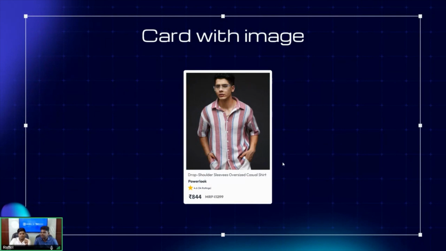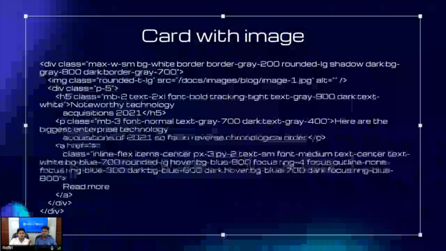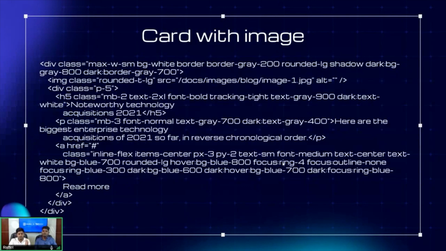First, let's look at the card with image. As you can see here, we have an image with text and so on. We are going to create this by following the Tailwind documentation and the code that they have already provided. This is the code that we have picked from Tailwind.